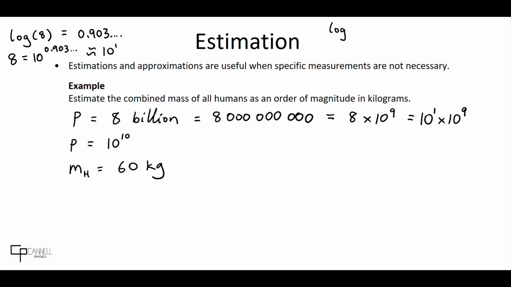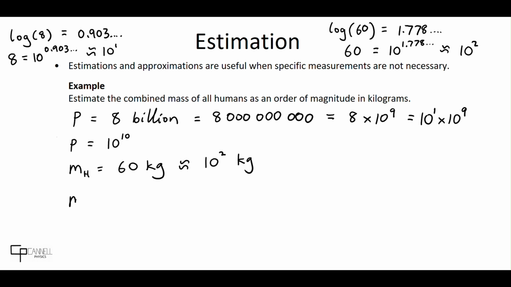So again, a little side note here, the log of 60 gives us 1.778, etc. So 60 can be rewritten as 10 to the power of 1.778, etc. So I can approximate my estimate of the mass of a human to 10 to the power of 2 kilograms.